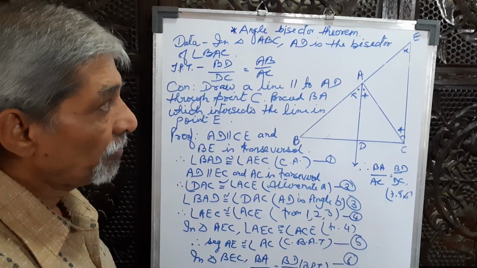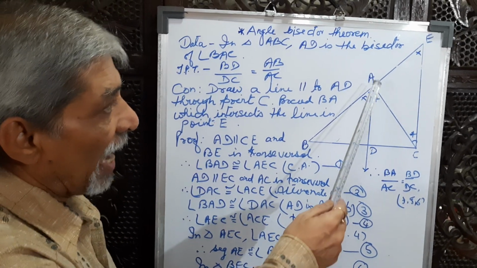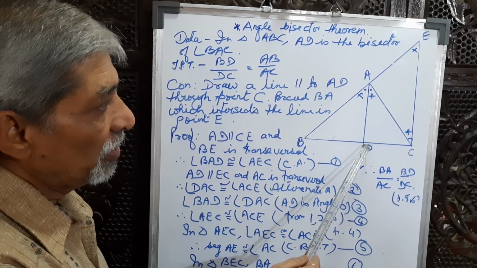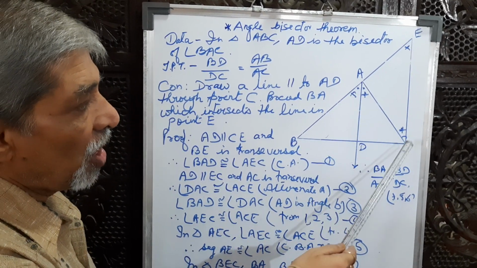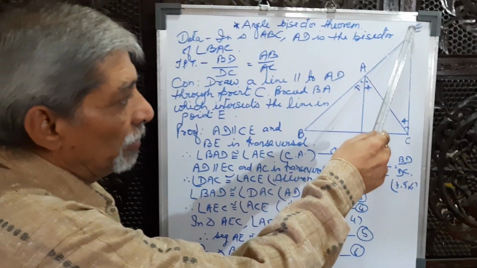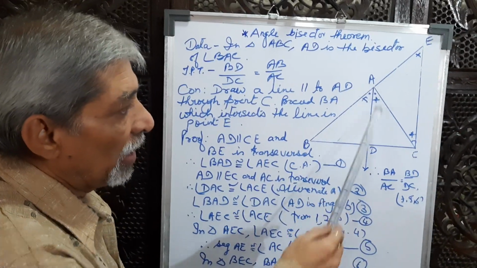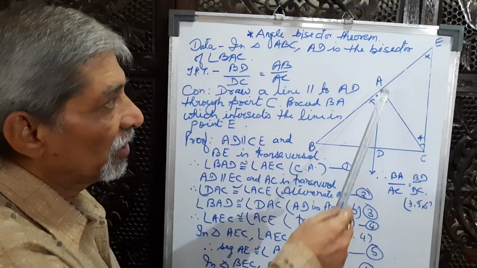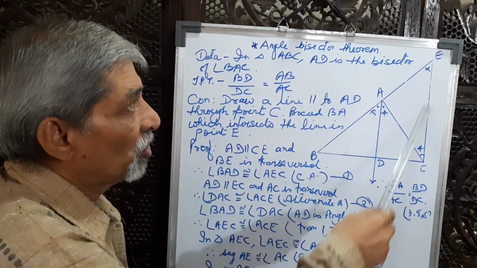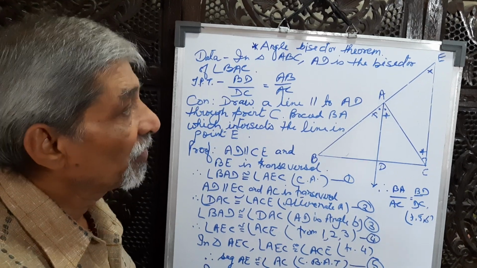Construction. Draw a line parallel to AD through point C. That is, AD is parallel to CE.